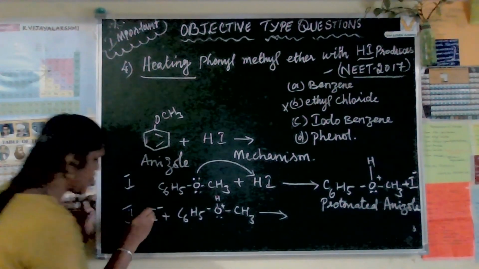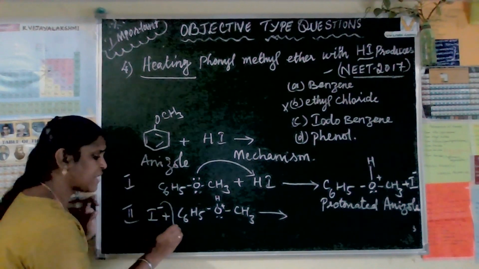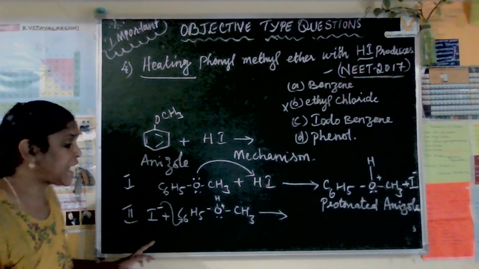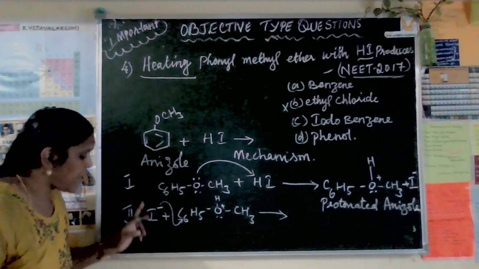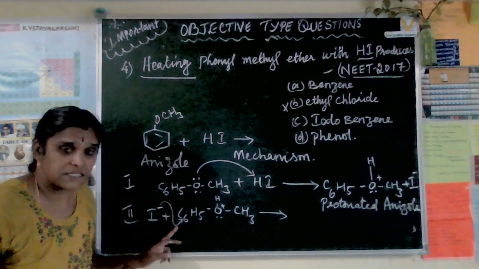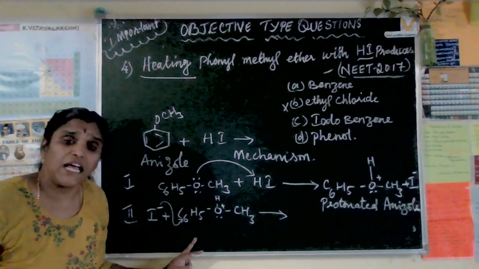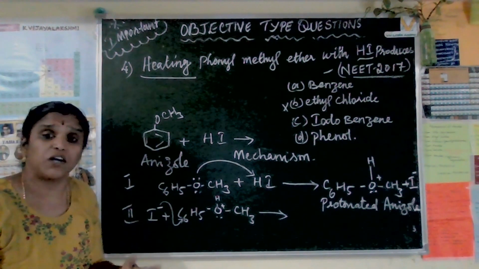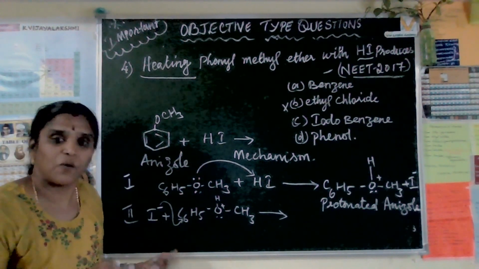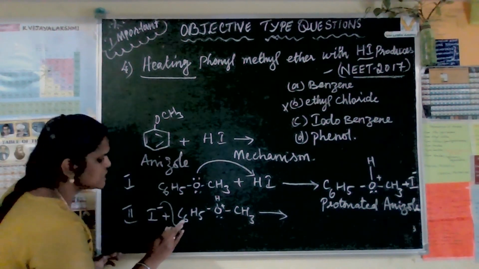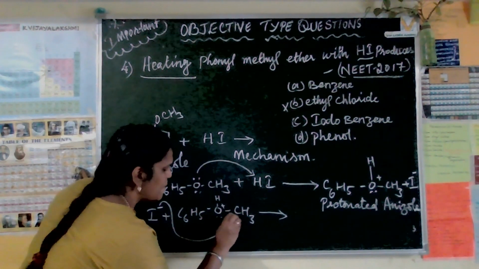Now this I minus, where will it go and attack? It may attack this carbon. Now what happens here? If this iodide ion attacks the benzene C6H5, you will get a phenyl carbocation, which is not stable at all. Naturally, we want whichever is more stable, so this will not happen over here. This will go and attack the methyl group.